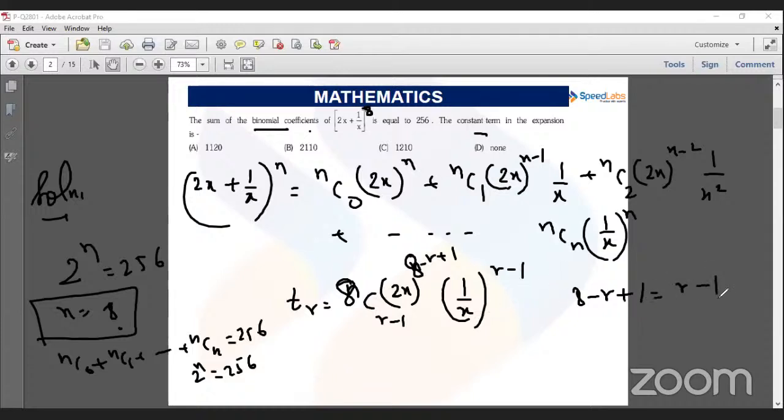Okay, so it will be 10 is equal to 2r, or r is equal to 5. Fifth term: 8 minus 5, 3 plus 1, 4, and yes, okay. So the fifth term is a term which is independent of x, and the value of the fifth term would be 8C4 into 2 power 4. This is the answer you're looking for.